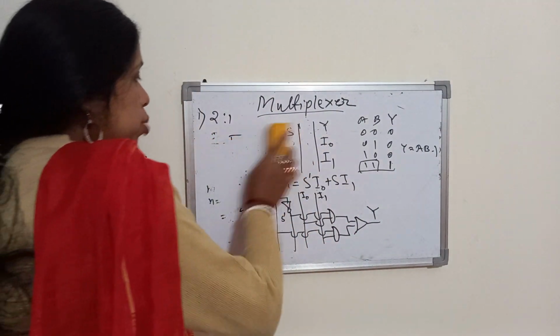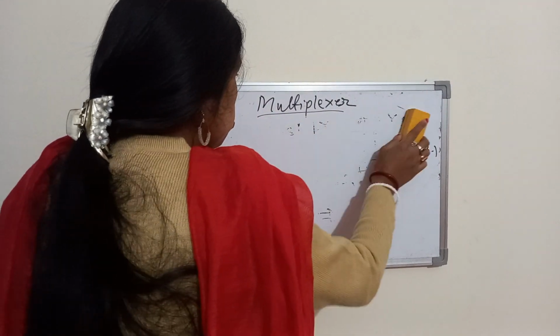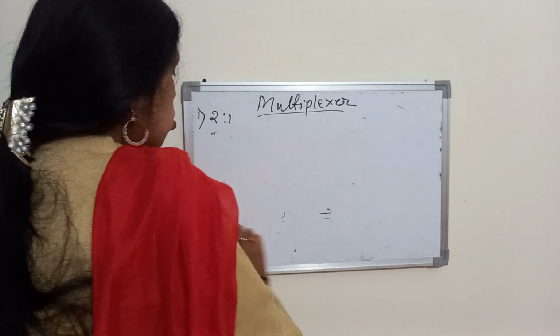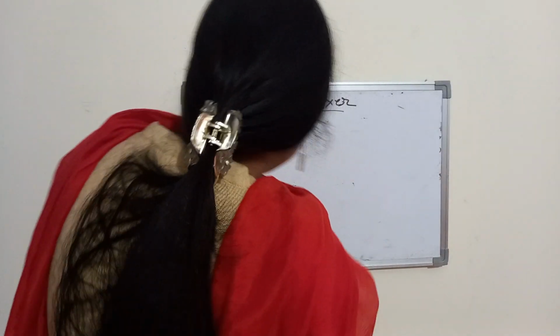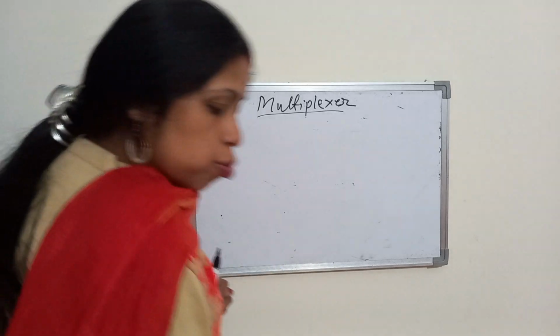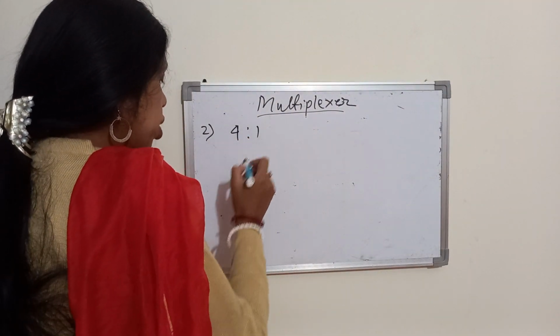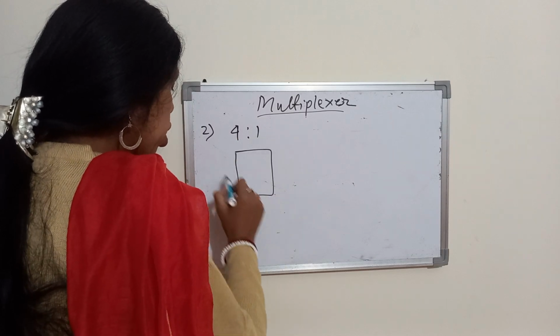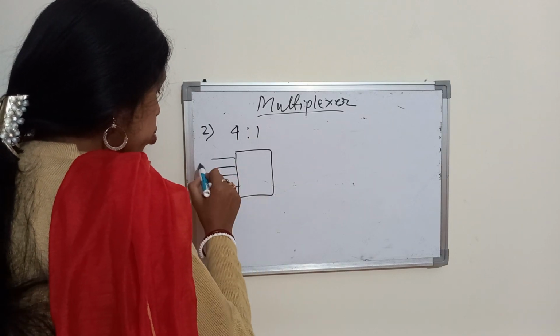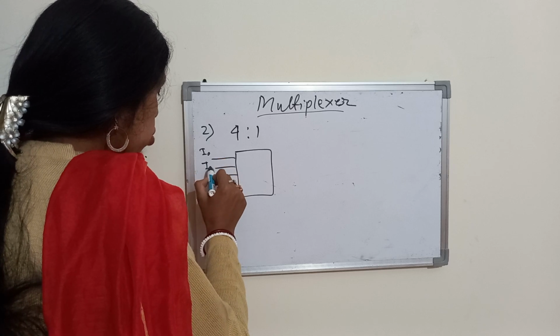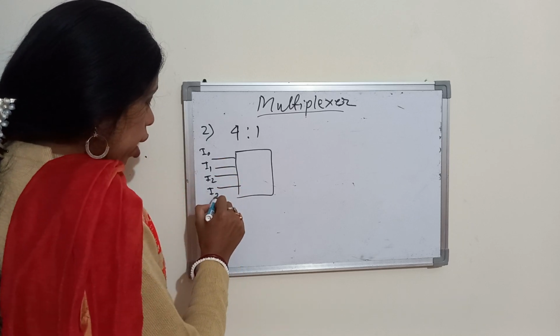Right? Next coming to the 4:1 multiplexer. In 4:1, how many inputs? 4 inputs are there: I naught, I1, I2, and I3.